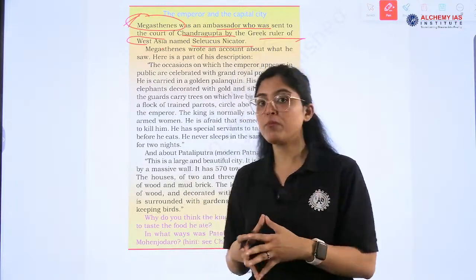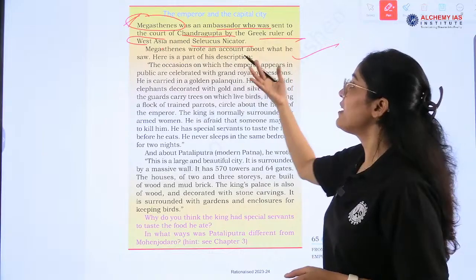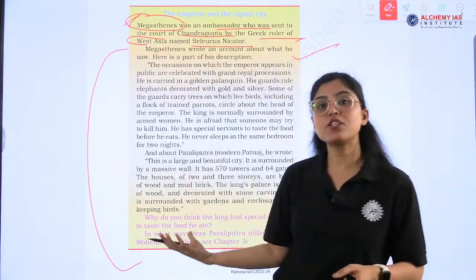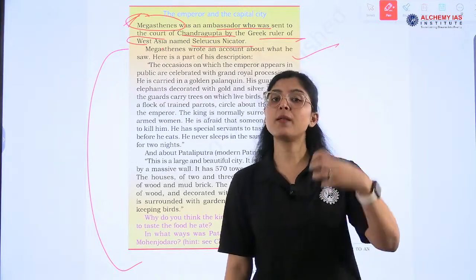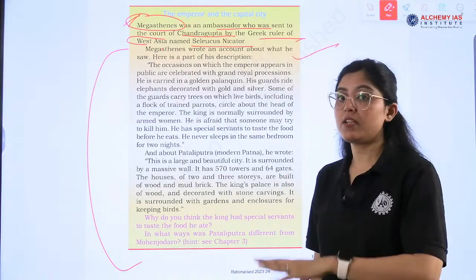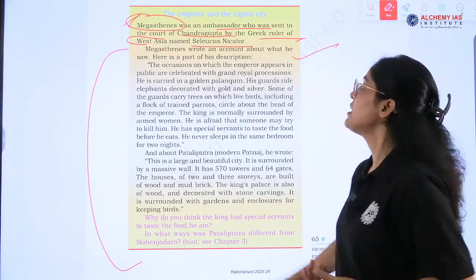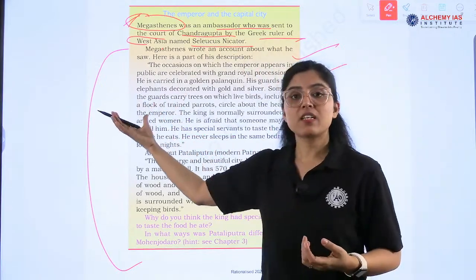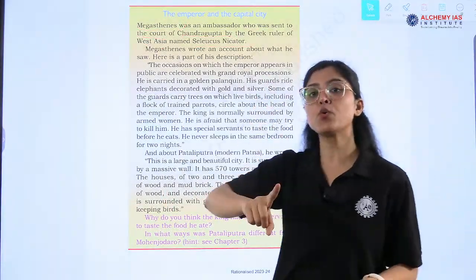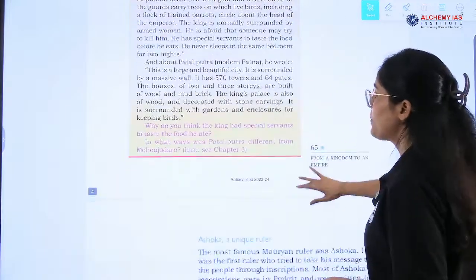Very important information related to UPSC. Megasthenes has given a detailed account of the capital Patliputra and the people, because he was there for a couple of years. He was an ambassador of a Greek ruler, remember this point.